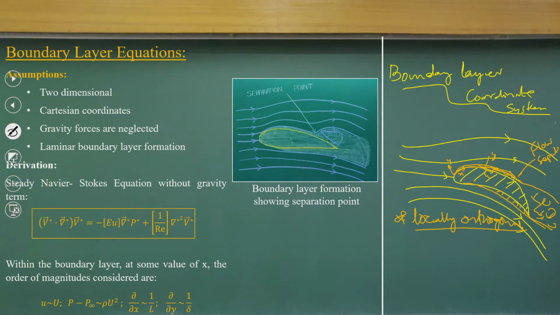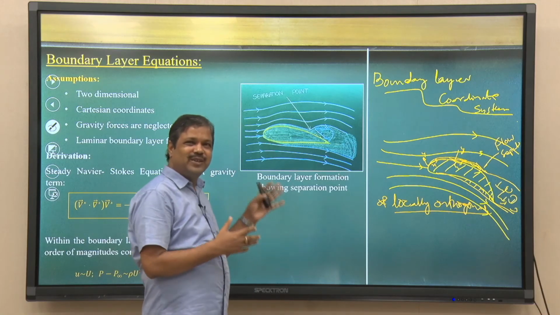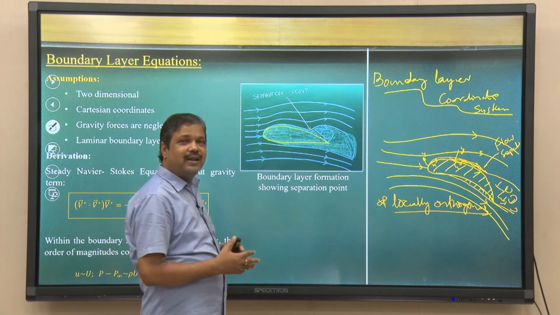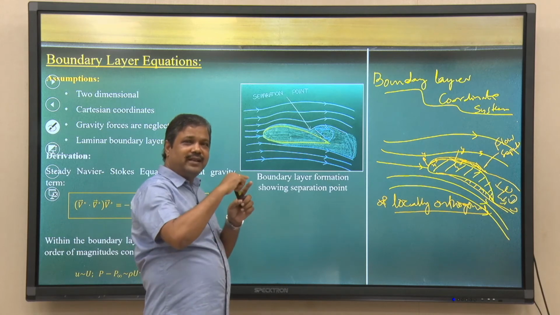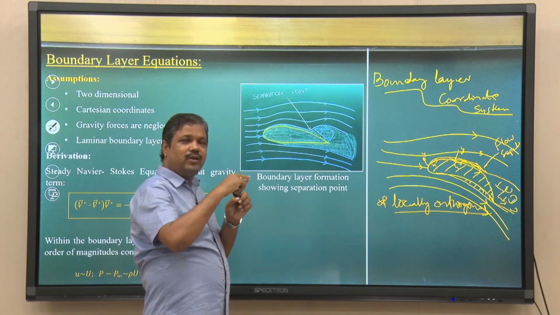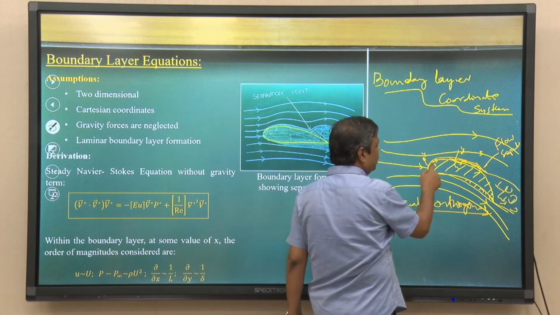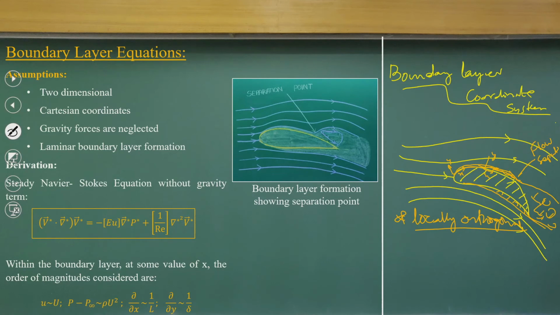Okay. This is not simply the x-y coordinate system we discussed for Cartesian coordinates. In the boundary layer coordinate system, at each point x and y are orthogonal to each other. That is why it is a localized coordinate system, with the x direction like this. That is the way we can transform this curve to a flat one, with y perpendicular to the surface and x moving along it.